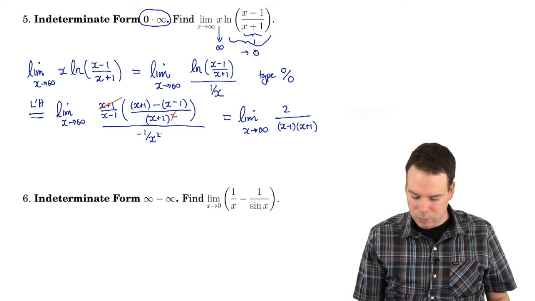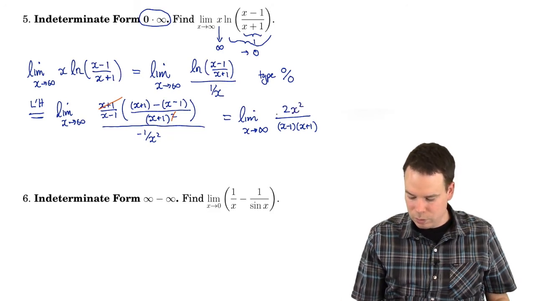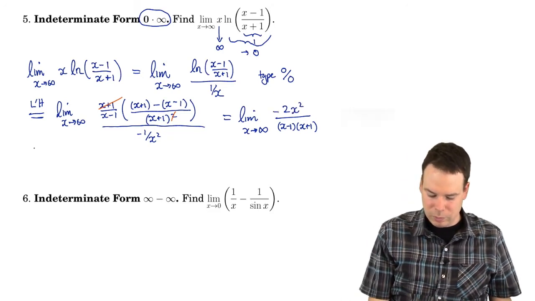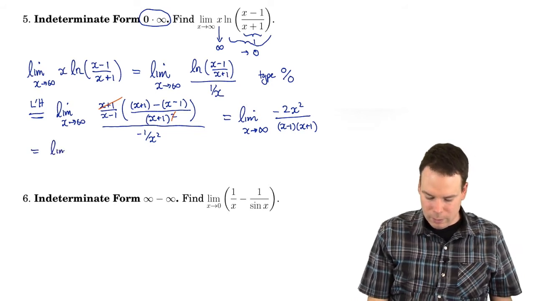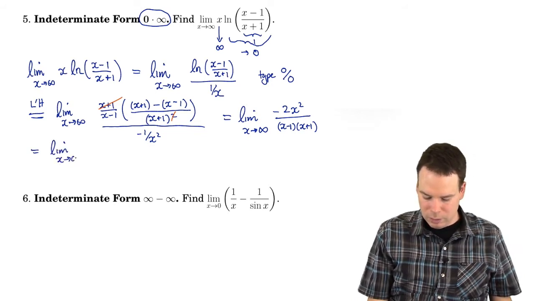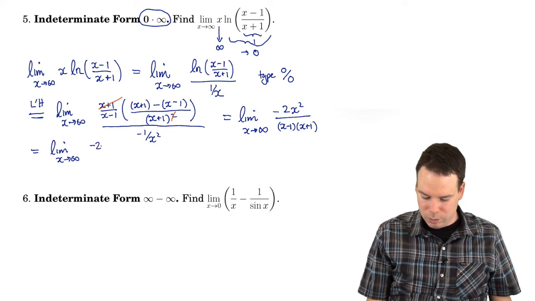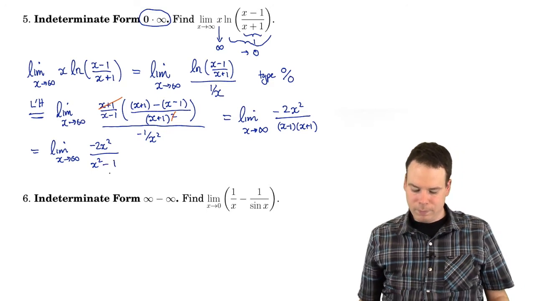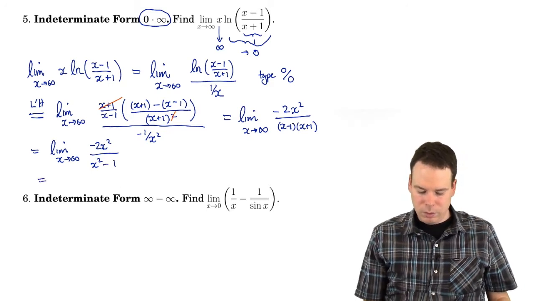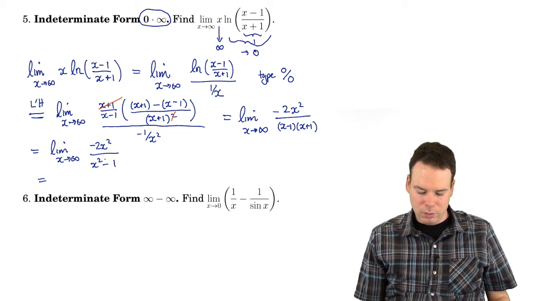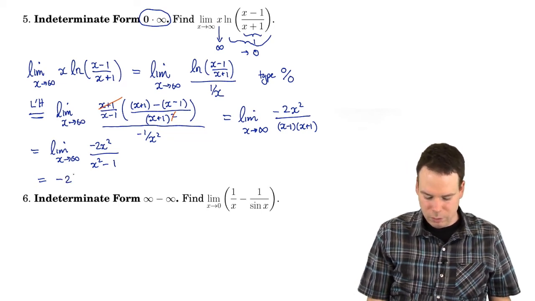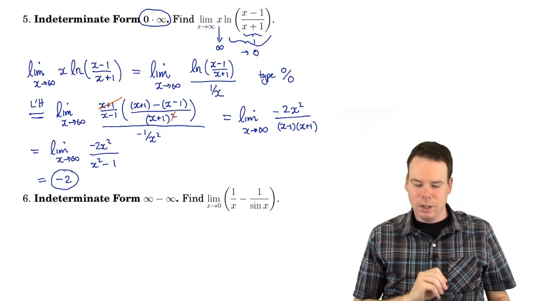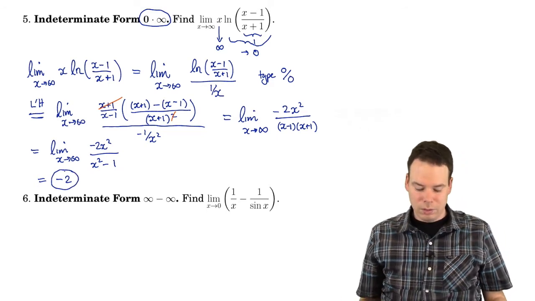And that negative 1 over x squared, so that x squared comes all the way up with a negative, so it looks something like this. I see that that's just a degree 2 polynomial over another degree 2 polynomial, x squared minus 1. And the ratio of two degree 2 polynomials as x goes to infinity is just the ratio of their leading coefficients, or negative 2. And so there's our answer. We get an answer of negative 2.